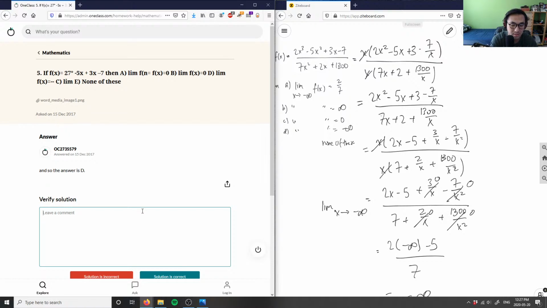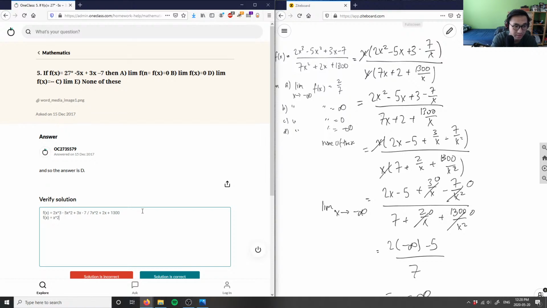So I'm going to say that f of x equals 2x cubed minus 5x squared. The formatting of this problem was off at first, so I'm going to rewrite this solution here, divided by 7x squared plus 2x plus 1300. So I can also say that f of x now equals, I'm factoring out x squared from both of these.